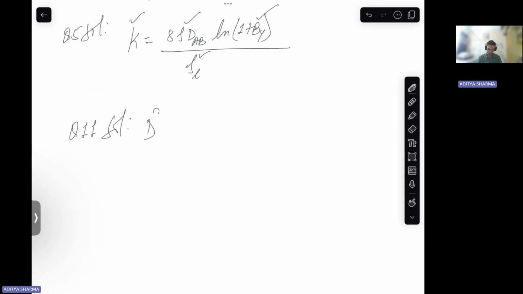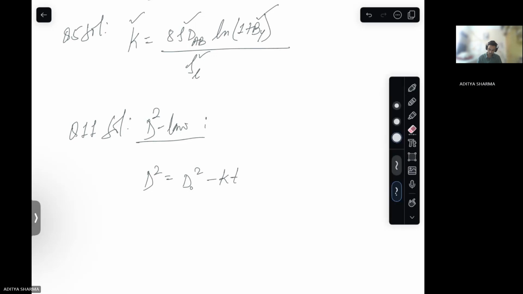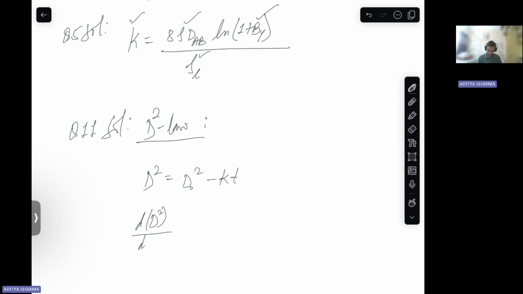Solution. Your d square law. What does it state? Differentiate with respect to time. Zero minus k dt by dt, d by dt of t.